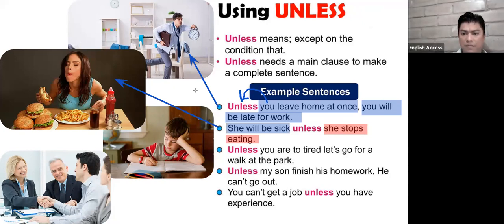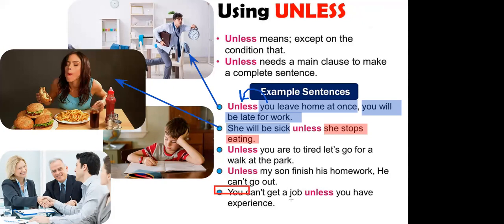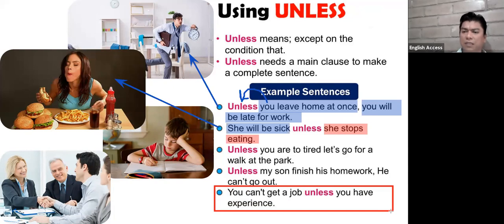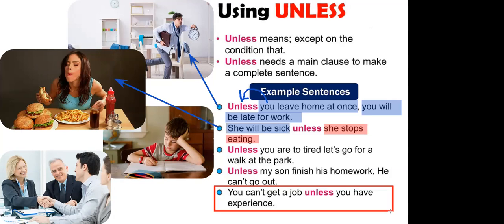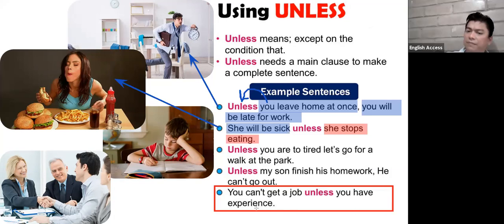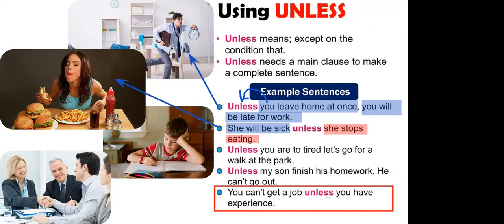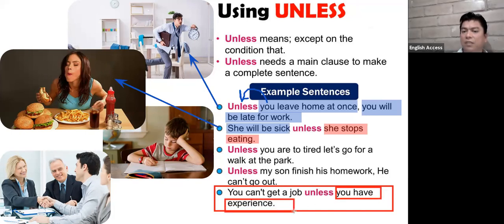Here's one right here. You can't get a job unless you have experience. So the result is negative, and the condition is affirmative. Here you have the condition, you have experience, and the result, you can get a job.